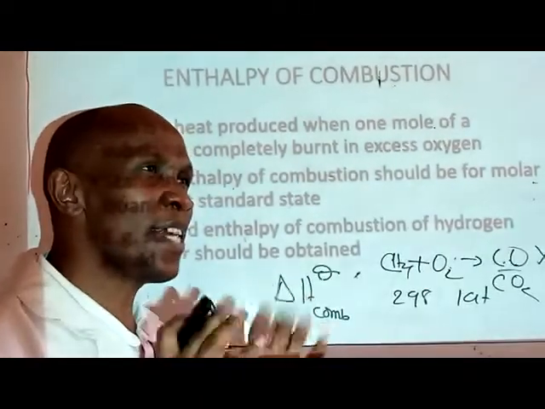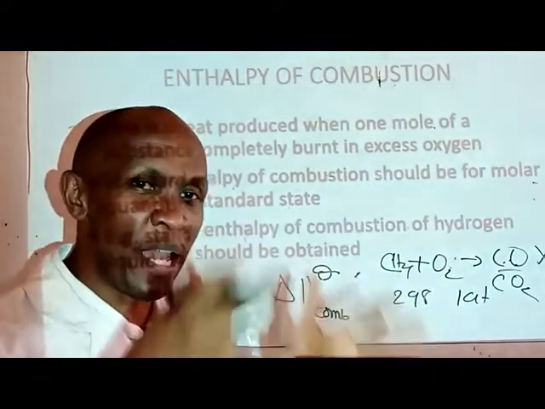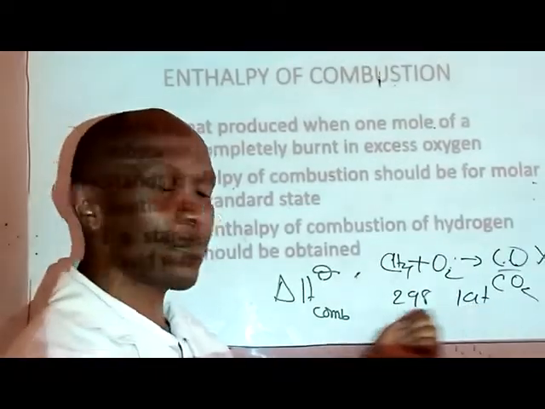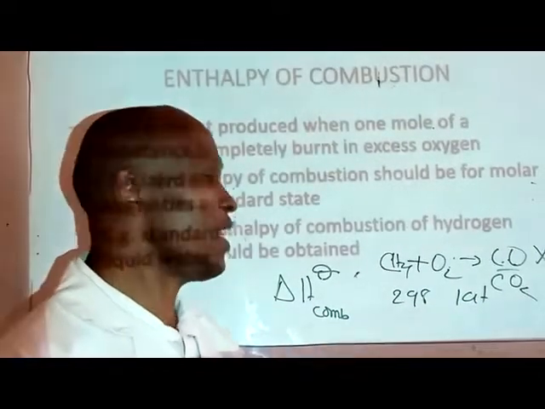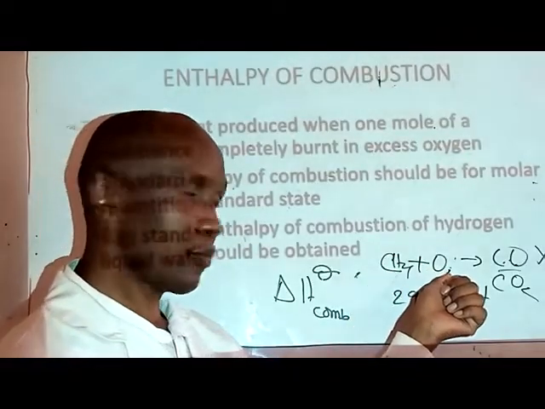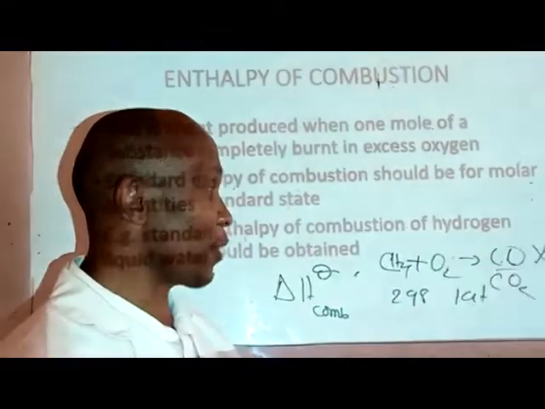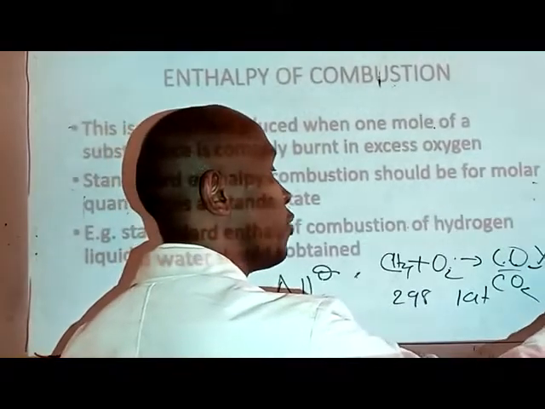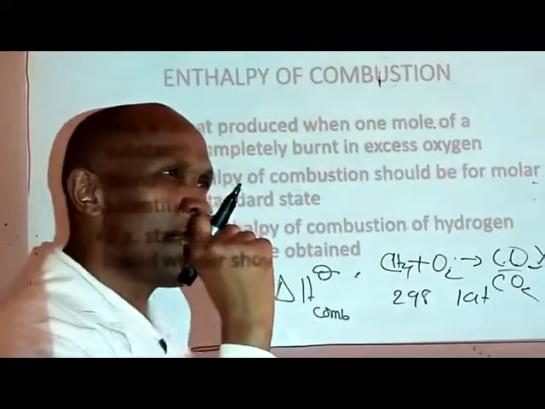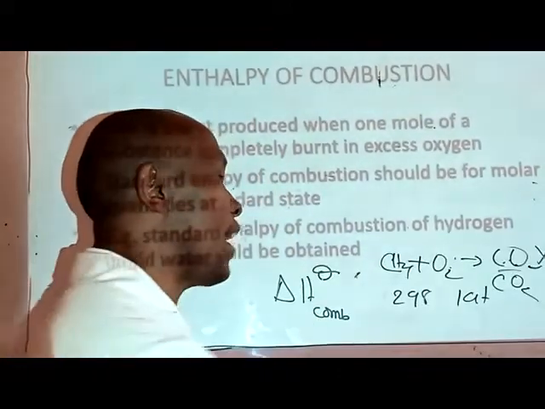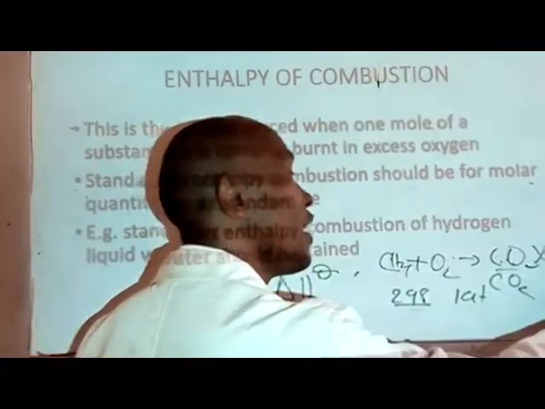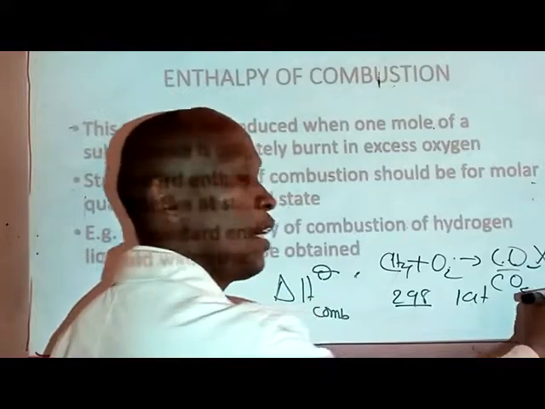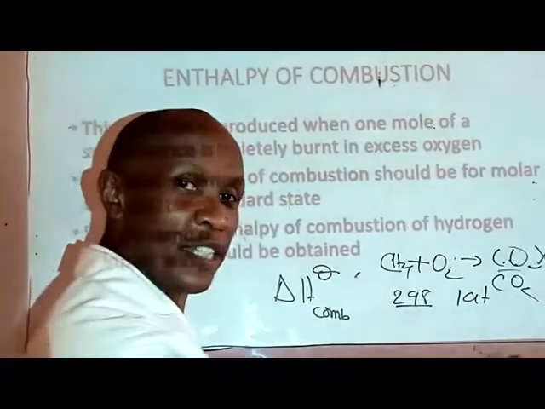So when you burn under standard conditions, all the measurement must be at 298. So for instance, when I burn methane in air to produce carbon 4 oxide and water, if I want to get the standard enthalpy of combustion, then I must measure at 298, in which case the water is going to be in liquid state and not gaseous state.